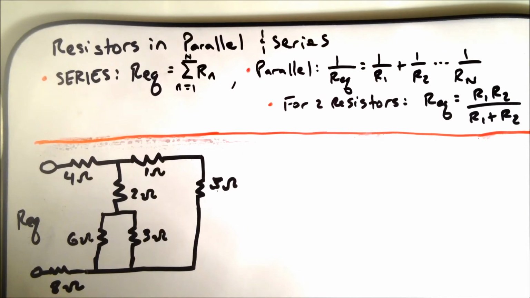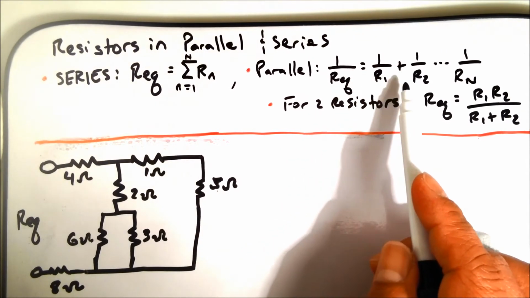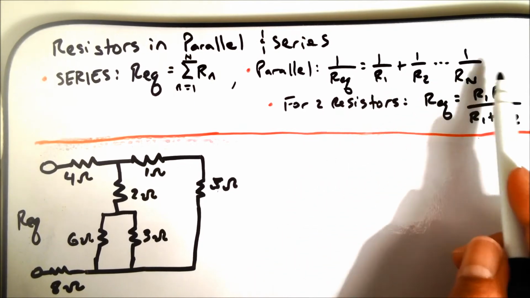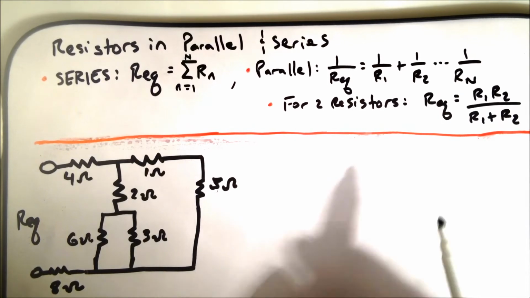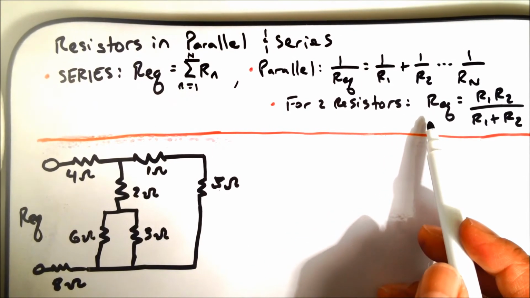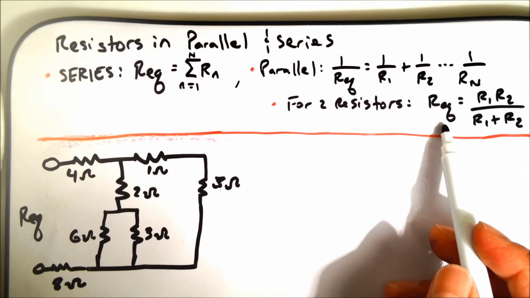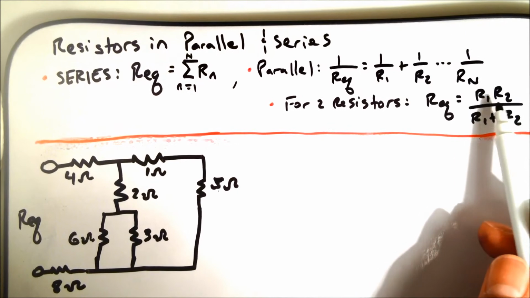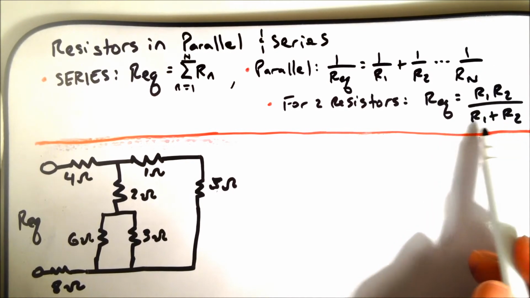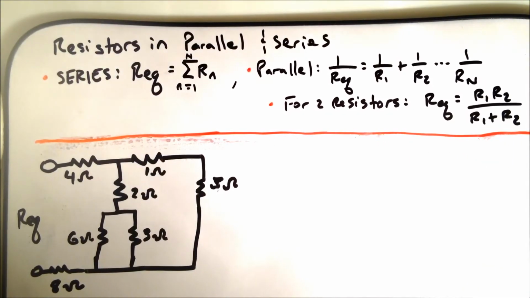So you don't really need to do all of the math for several resistors in parallel, though if you have a calculator, that should be pretty easy. But if you're doing it by hand, just remember that the equivalent resistance for two resistors in parallel is the product of the two resistances divided by the sum of the two resistances.